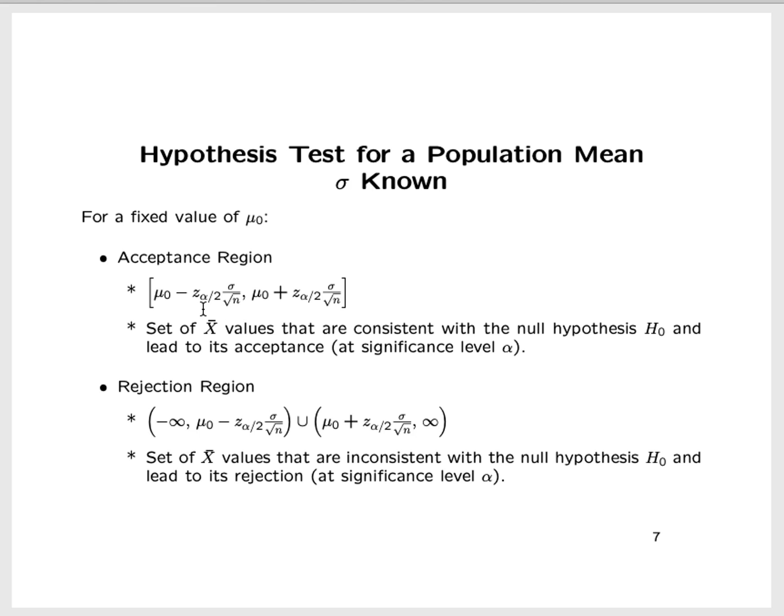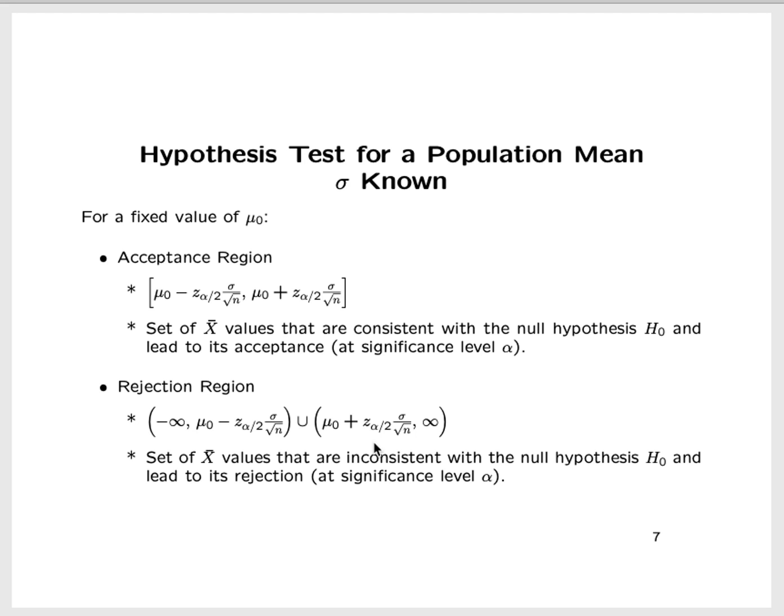The complement of this interval, the set of values that are outside of this interval, so the union of these two intervals, from minus infinity up to, but not including, the lower endpoint mu sub 0 minus z sub alpha over 2 times the standard error of x bar, union with the interval with lower endpoint mu sub 0 plus z sub alpha over 2 times the standard error of x bar up to, but not including, positive infinity, is the rejection region.